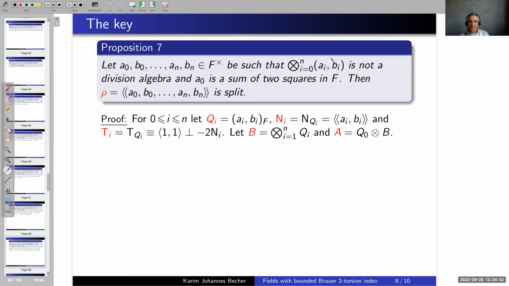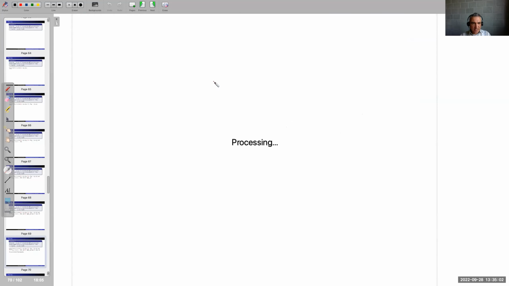So A is what is in the statement, and B is with 1 factor less. Good. Now, the factor that I singled out is the one where the slot A0 is a sum of 2 squares. So I will calculate a bit by using this.